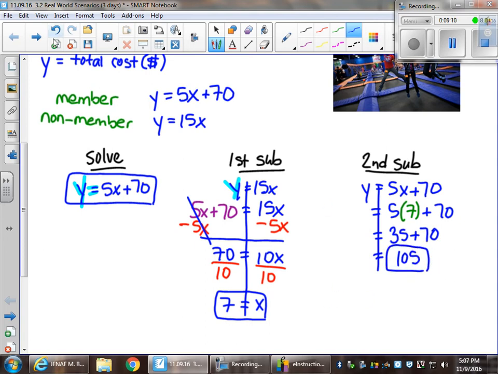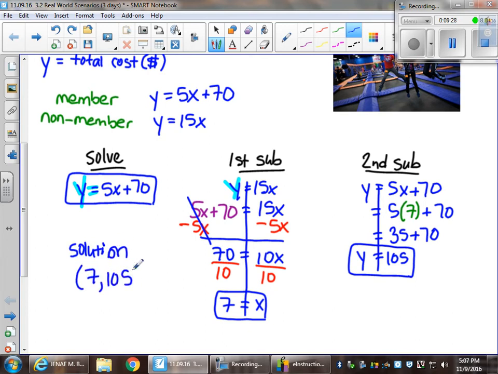So as an ordered pair, let me be a little more clear. y equals 105. As an ordered pair, the solution x comma y would be 7 comma 105.